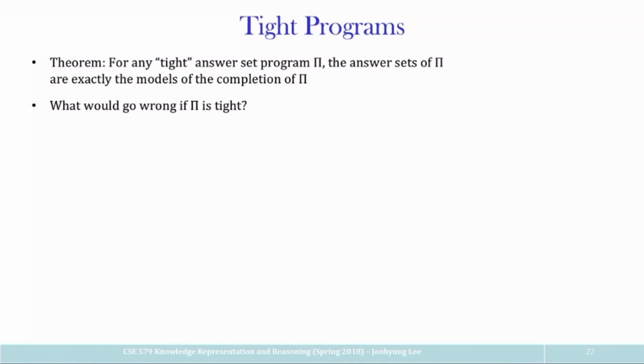Well, I will give you just an example then. What are the stable models of this program? P if Q, Q if P. What is the minimal belief that you can derive here?